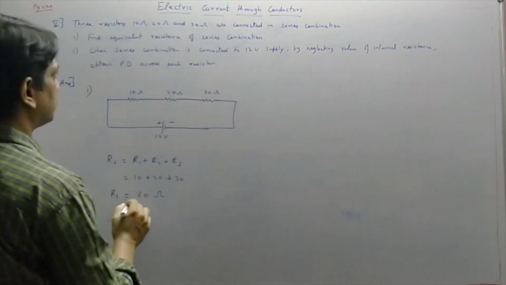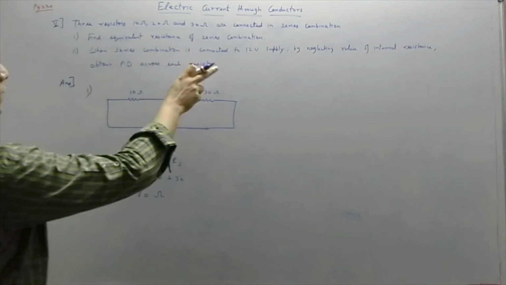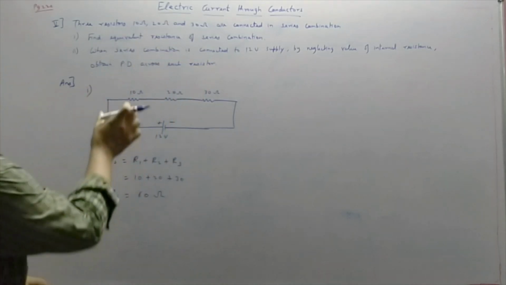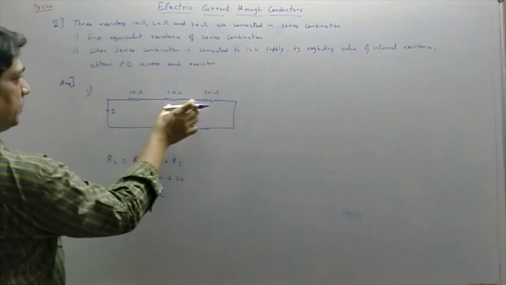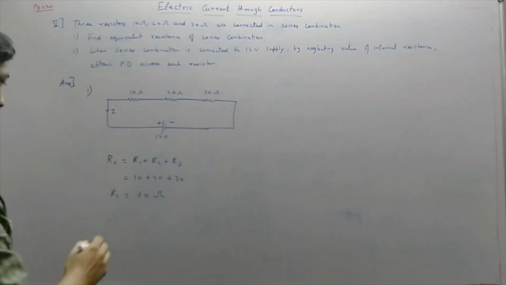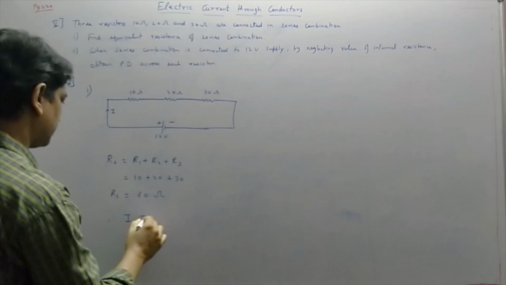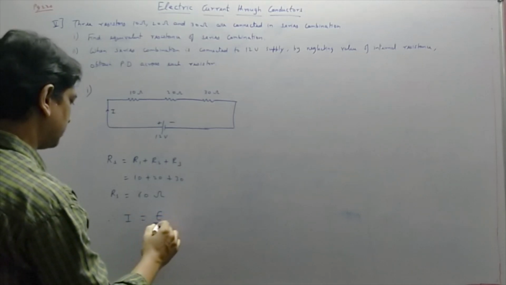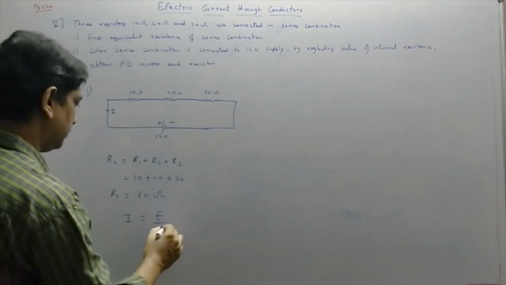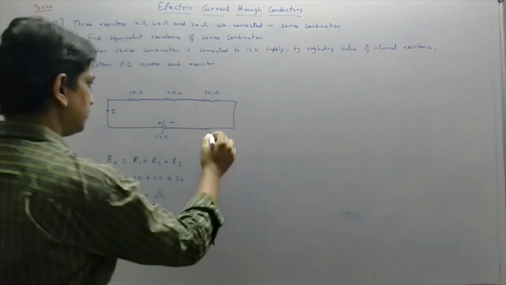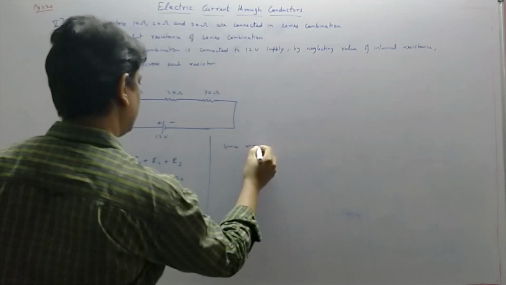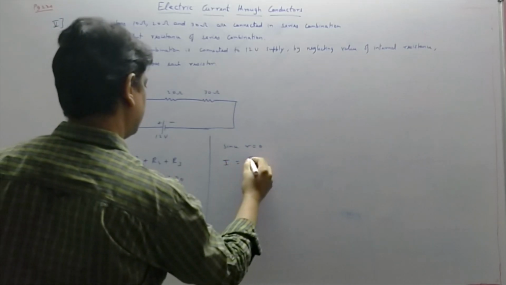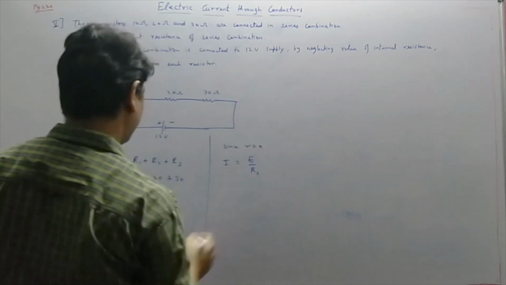And then what is the current flowing through this? Because we need to find the second part also, the drop across each resistance. The current flowing will be the same, but the potential drop will be divided into three parts. To find the current, we have I equals E upon R plus r, but internal resistance is neglected. Since r is 0, current is E by R equivalent.